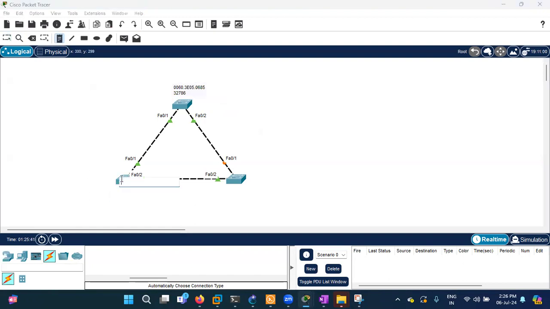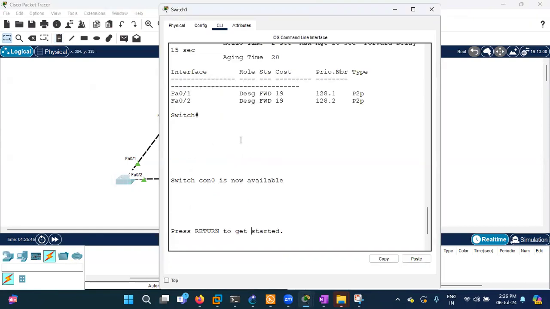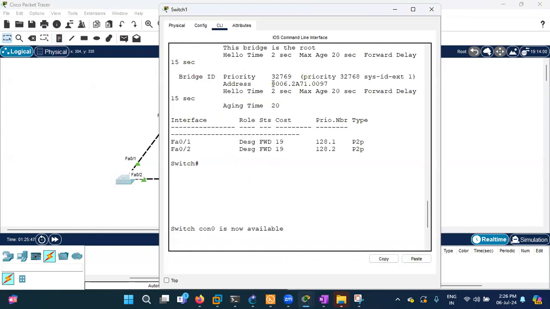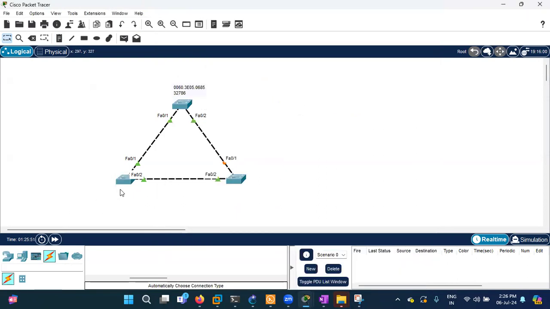Now check it out. This is the MAC address.